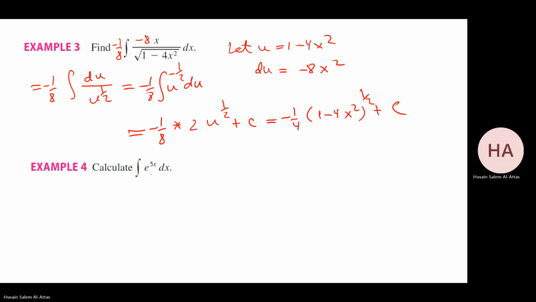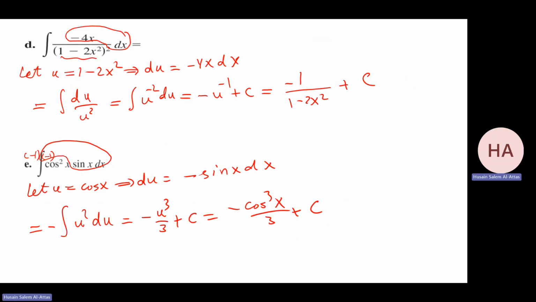Okay, this one, I'll let u equal e to the power 5x. So I put 5, I put 1 over 5 outside. Where du, don't forget the dx. Just put the dx in all of these.